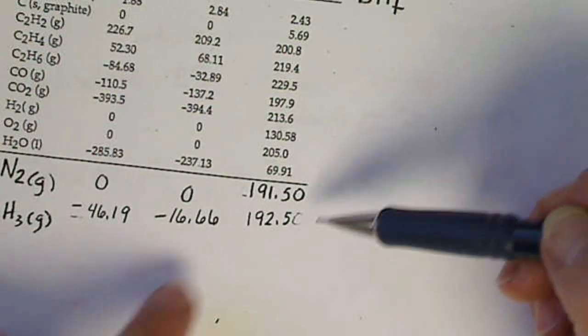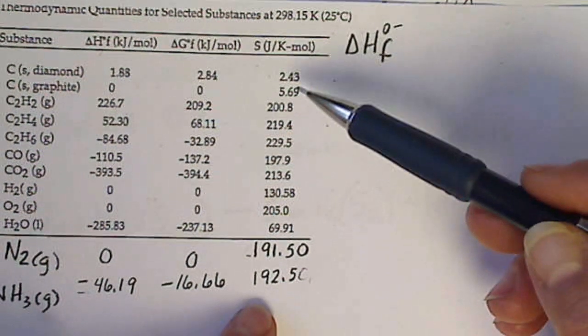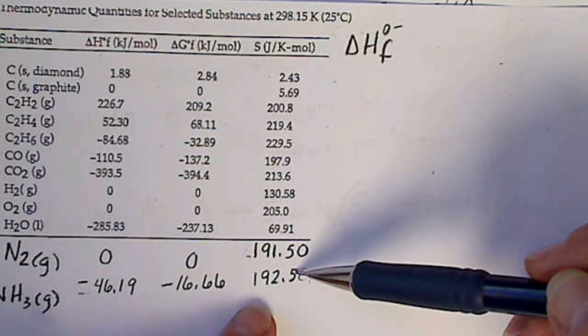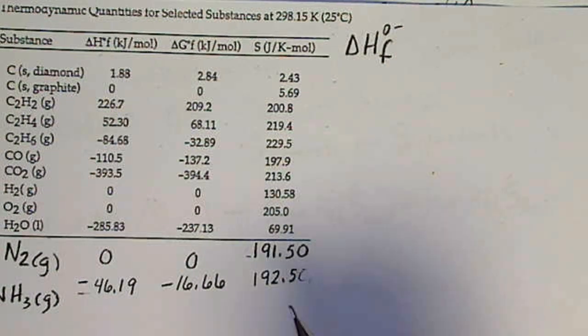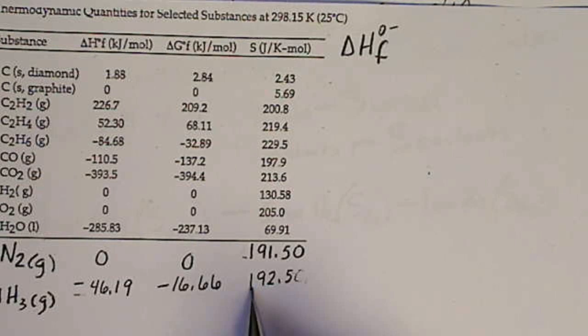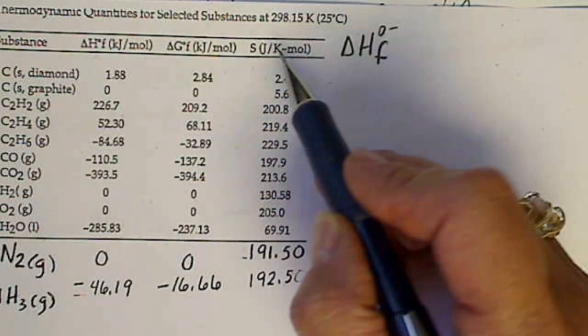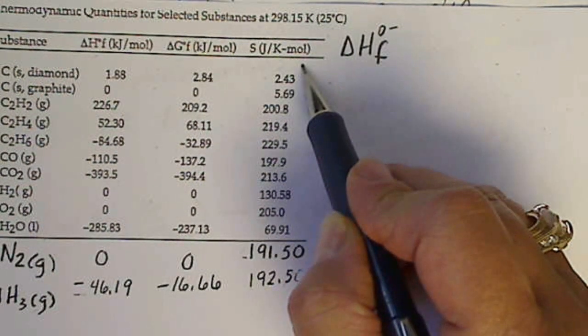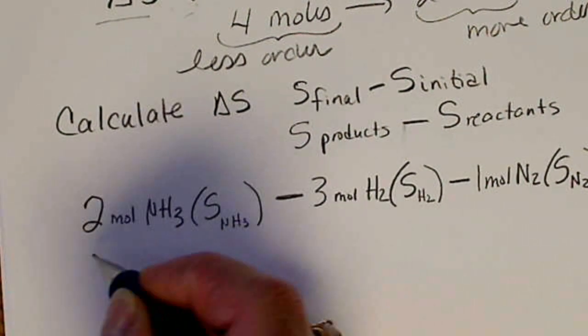Okay, so the entropy value for NH3 is down here, and notice entropies are always going to be positive in these tables. So the entropy for NH3 is 192.5. That's joules per Kelvin per mole. So 192.5 is what's going to go here.